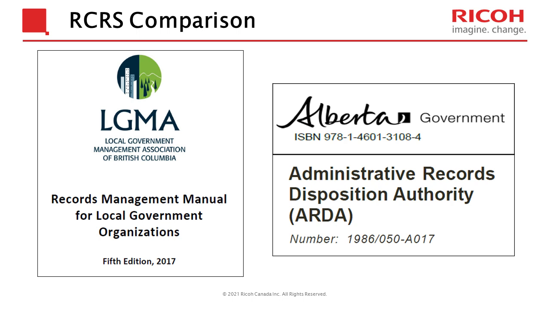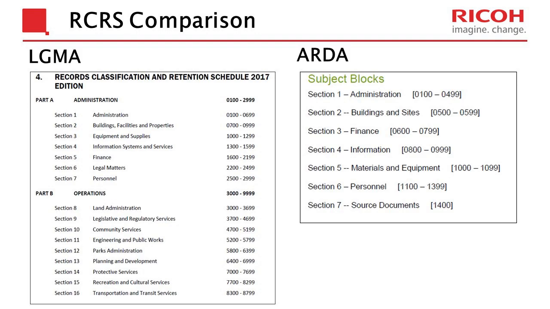Okay, so let's look at a comparison here. Let's look at LGMA, and here I'm looking at the Alberta government, your provincial government. The provincial government has their administrative records and disposition authority, so this is their classification. And here for BC, we'll look at the LGMA records. Just a quick comparison. You'll notice here, on the left is LGMA, on the right is the RDUP from the Alberta government.